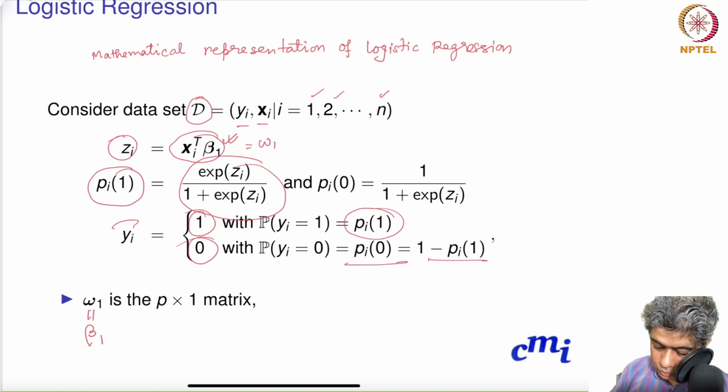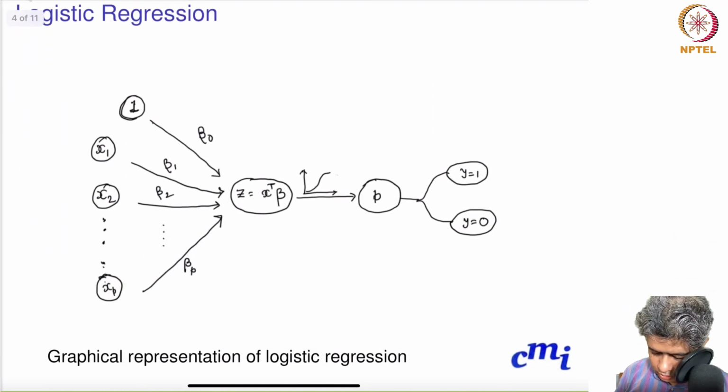Now what we do is graphically represent this logistic regression using graphical nodes and arrows. So we have p features x1, x2, dot dot dot xp, and we have an intercept parameter.